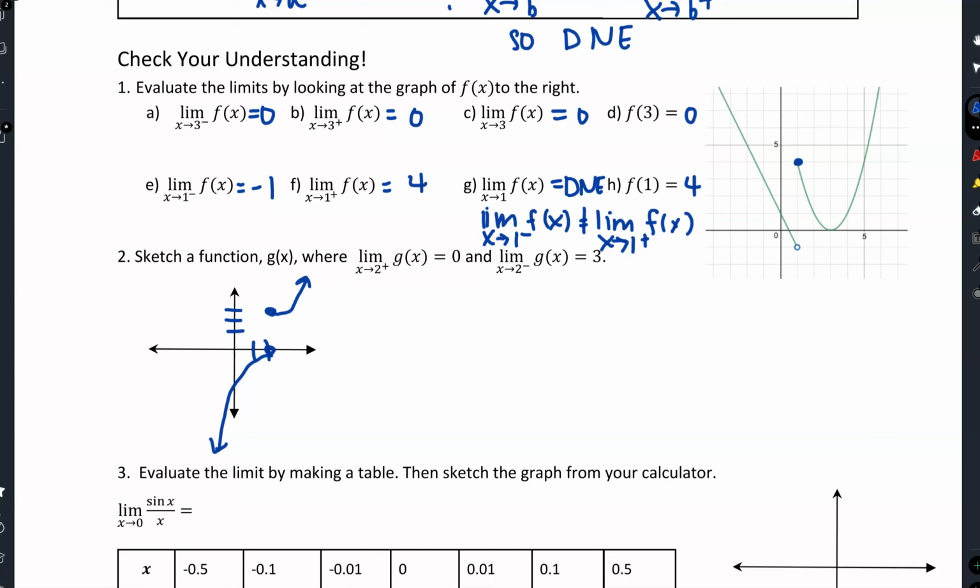Okay. All right, so this could look like anything, so it doesn't have to look like what I drew, but the limit as x approaches 2 from the positive direction, well, and I didn't even do that right. Miss A, what are you doing? Crazy lady. In my head, I was thinking the negative side came first.